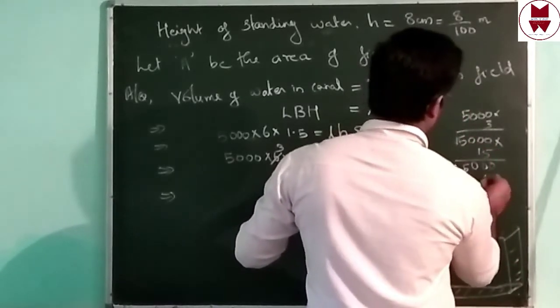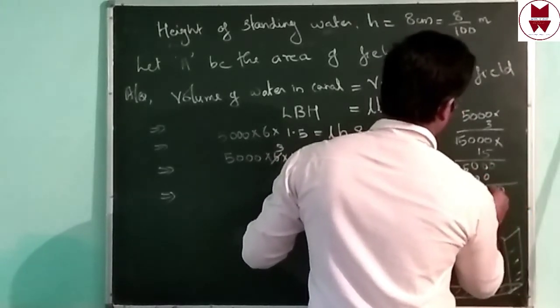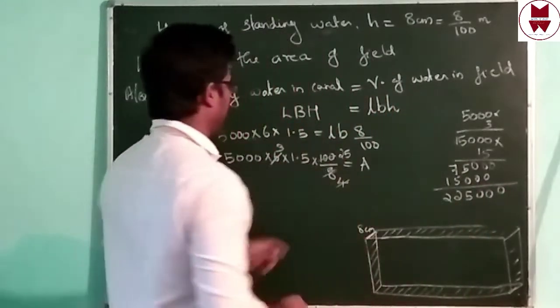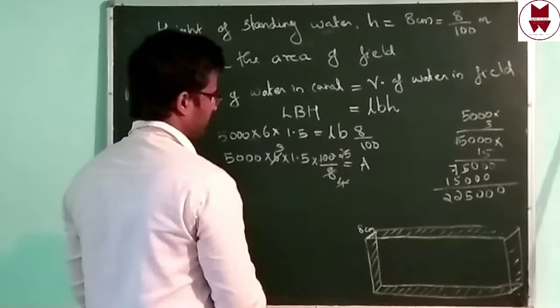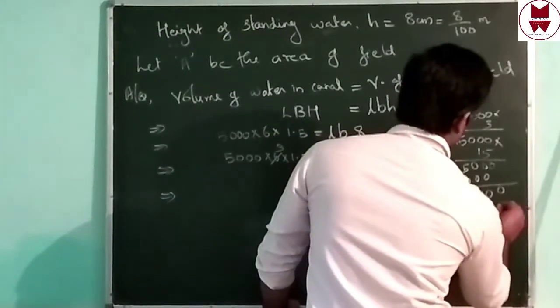Again one more number is there, that is 25. Using that 25 also you can multiply.